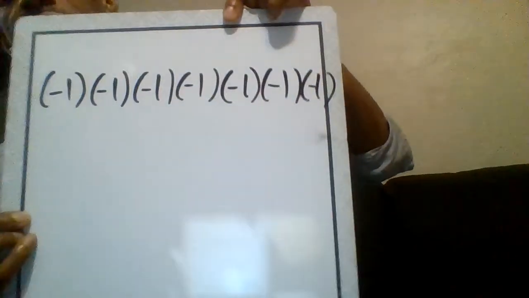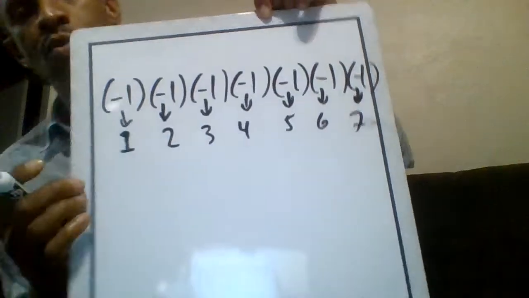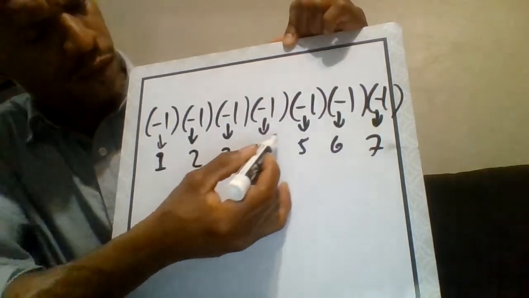Let's extend out the negative 1 so you can see this rule doesn't change just because numbers get bigger. Negative 1 times negative 1 times negative 1 times negative 1 times negative 1 times negative 1 times negative 1. Once again, count the amount of negative signs: 1, 2, 3, 4, 5, 6, 7.